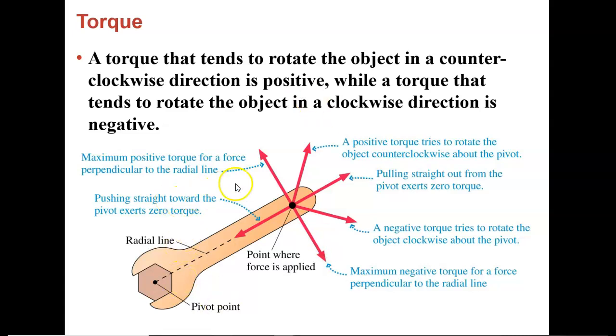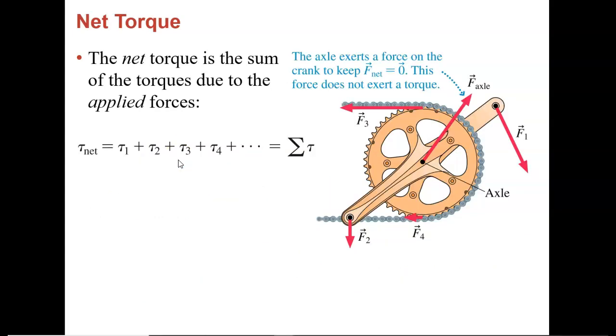All right, so perpendicular positions are the spot where you can create the most torque with the force. If it's parallel to the radial line, you get no torque. If you have a bunch of different forces acting on an object to make it spin, you can create a net torque.